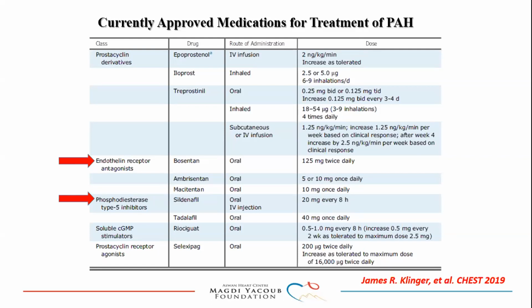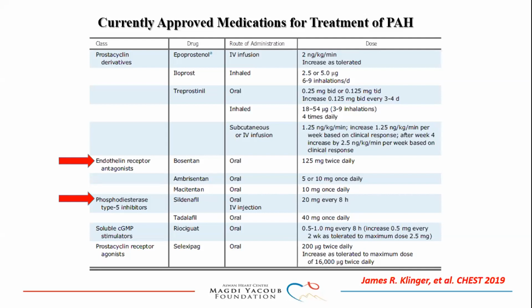The latest one to be approved in this group is macitentan, which actually has very good pharmacokinetics and pharmacodynamics in comparison with bosentan and ambrisentan; it has a sustained receptor binding and enhanced tissue penetration. One more thing, no liver toxicity was reported with it at all.